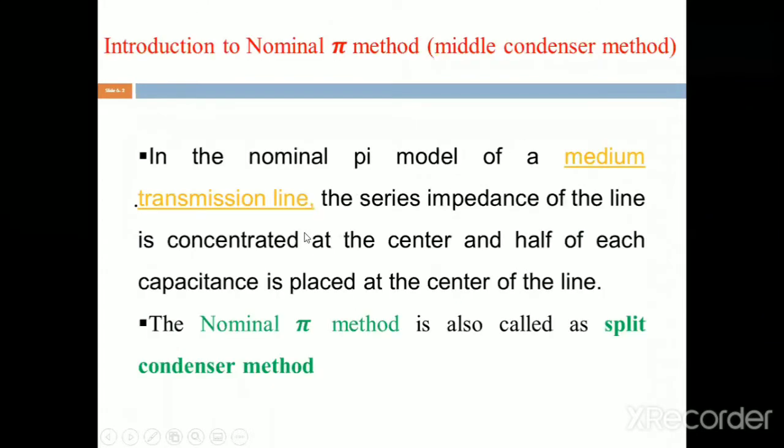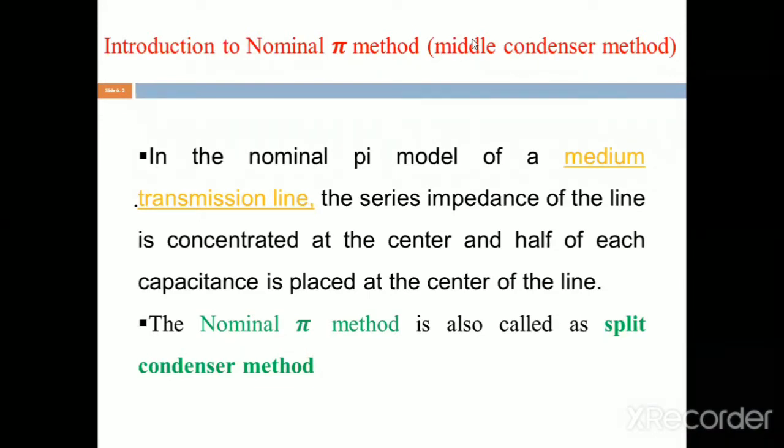The first topic is the introduction to the nominal pi method. Sorry, it is also called the split condenser method, not the middle condenser method.